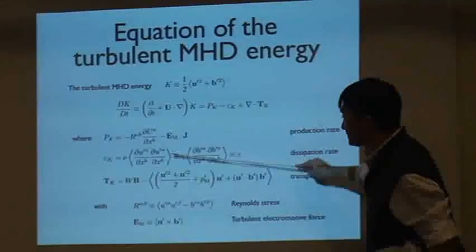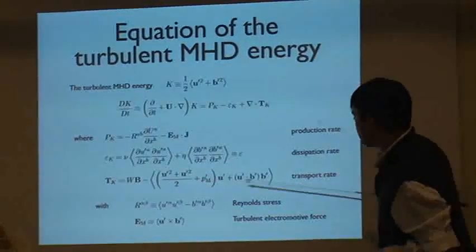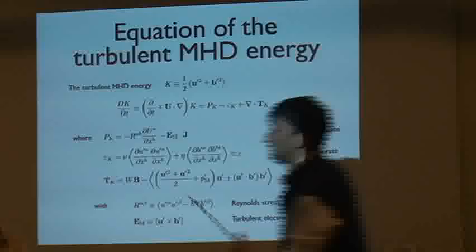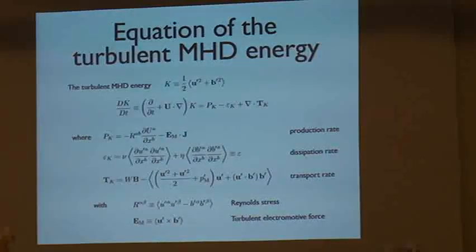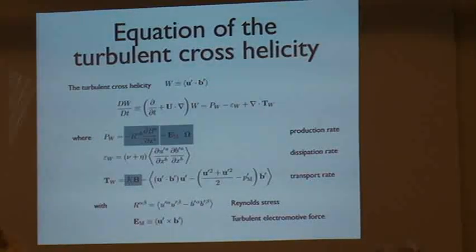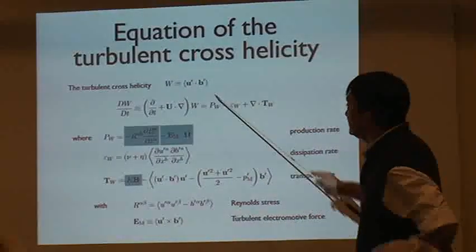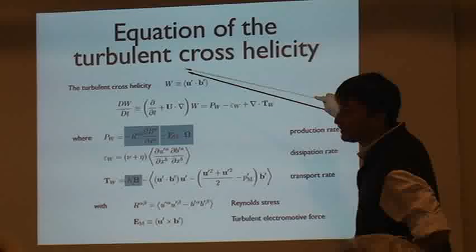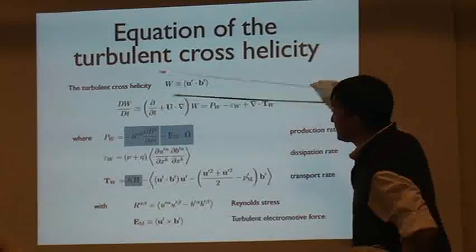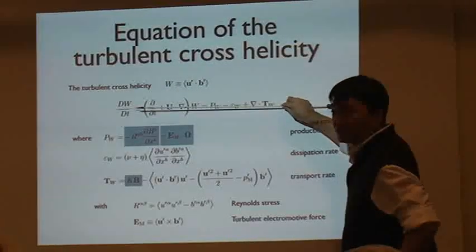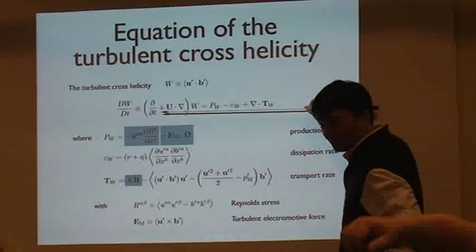So this is dissipation, and this is also a transport rate term. Okay. So next is the equation we have to consider. This is the equation of the turbulent cross-density. So they're almost the same form.